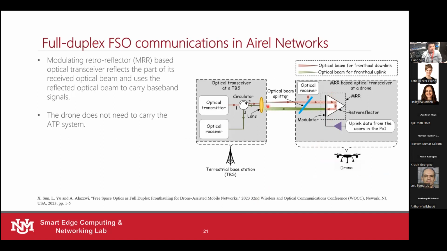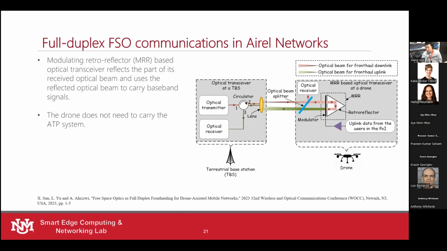So if the downlink is well aligned, then the uplink will automatically be well aligned because again, it's a reflection. The direction of the downlink is the same as the direction of the uplink. By doing so, we only need to equip the base station with the ATP system. The drone does not need to have the ATP system anymore, which can reduce the payload of the drone.